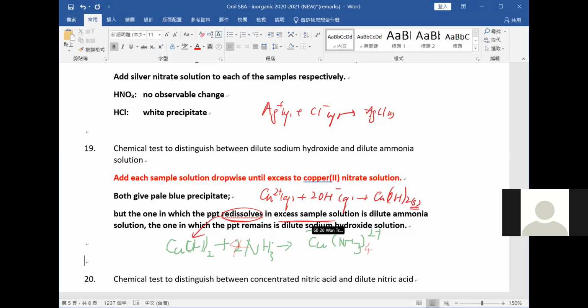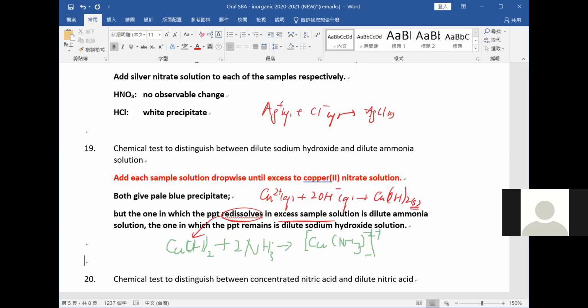You know the reason why I asked you guys to write the equation. You see? Two or four. It's a little bit confusing, right?